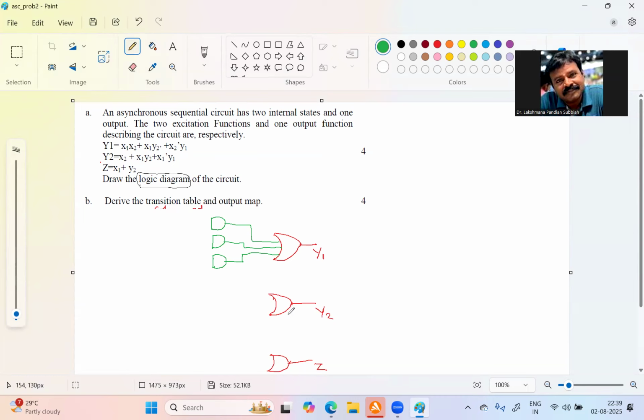Now this AND gate is x1, x2, so we have two inputs x1, x2 and connect them to the input lines. Then x1, y2 dash.